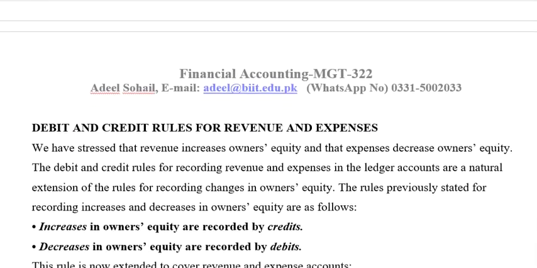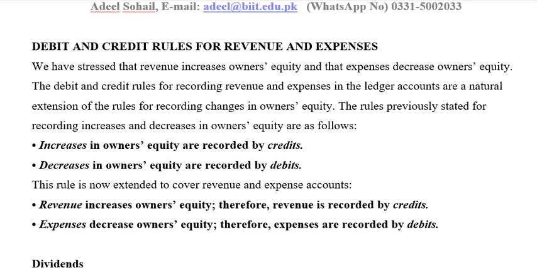Now we come to the debit and credit rule of revenue and expense. We already know about this, but I'm going to repeat it because we need to do transactions in further steps. So increase in owner equity is recorded as a credit. You know the debit credit rule of owner equity, just remember it.